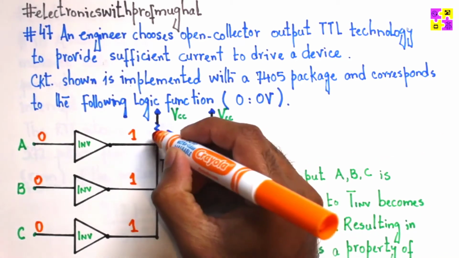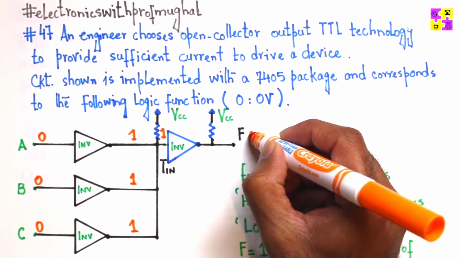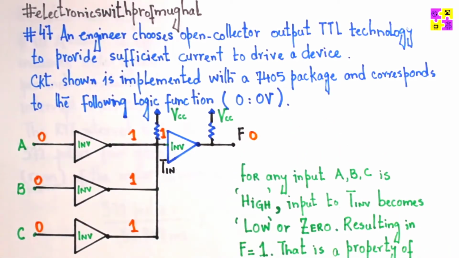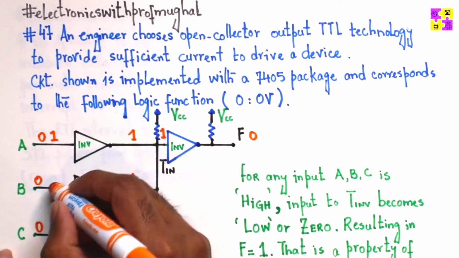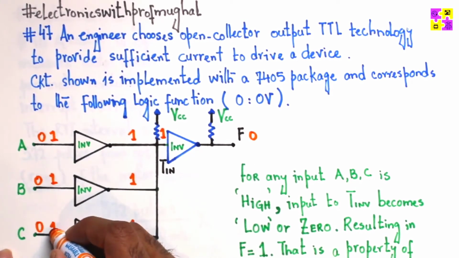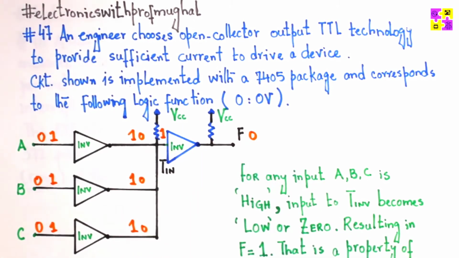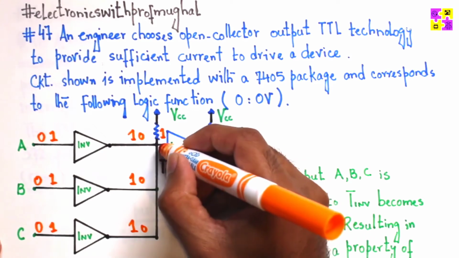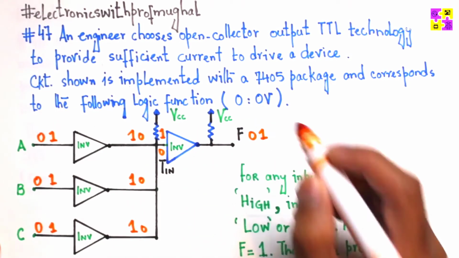So you get 1 here, and then at the output you get F equals 0, correct? In other words, 000 gives you 0, right? Similarly, if you have 1 here, then the output of the inverter will be 0. So same magnitude, and so you get 0 here, it gets inverted, and you get 1.